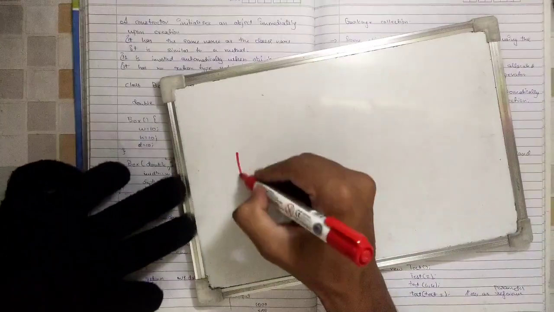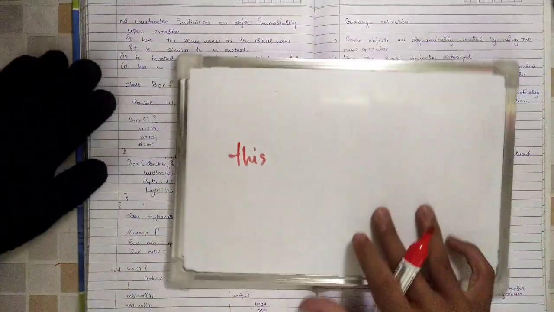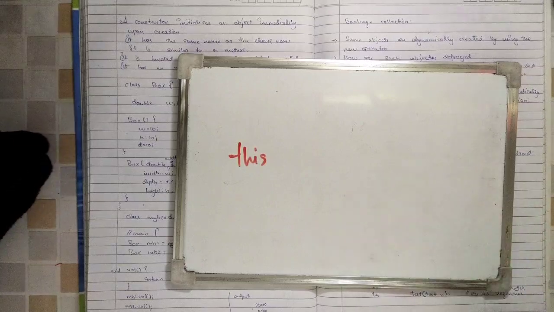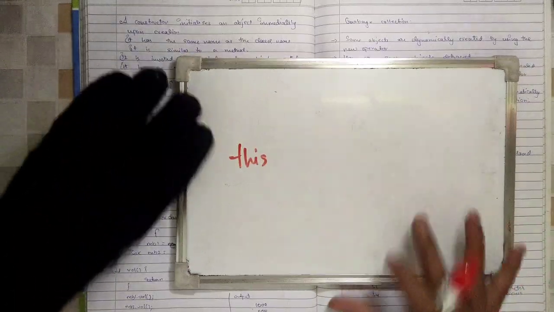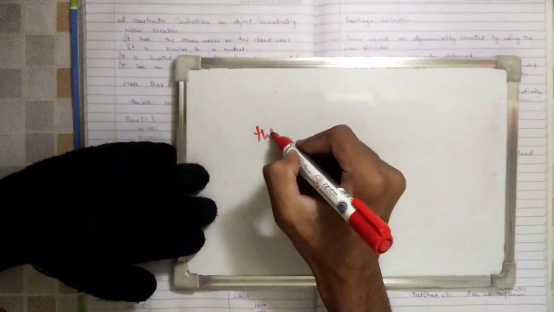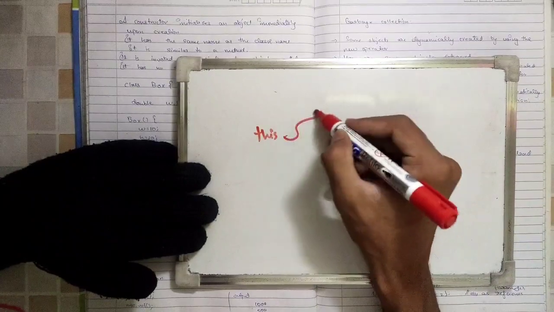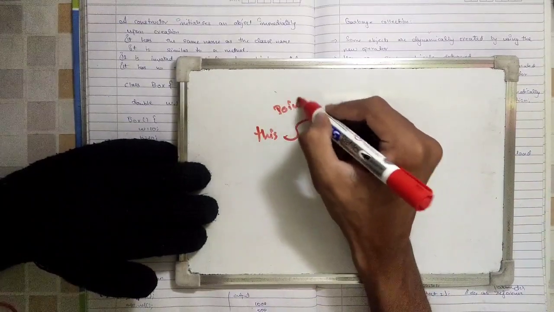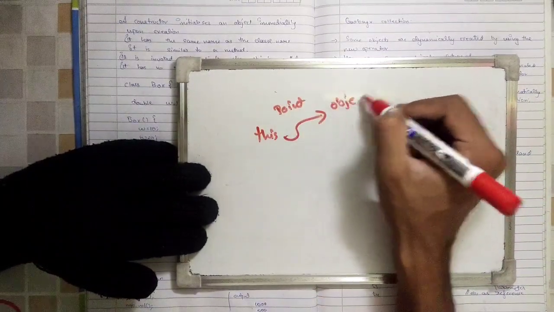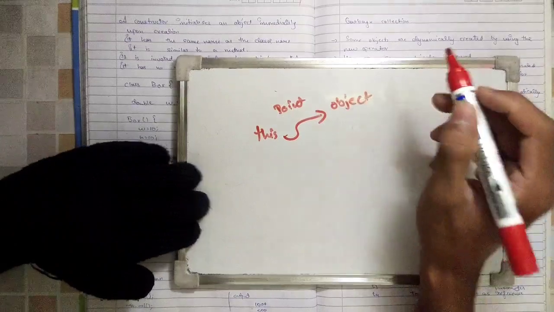We also have one keyword known as this. It is nothing but one extra thing. In detail you will be seeing this in other modules, but for the time being, what you have to understand is that the this keyword is used to point to the object of the same class.